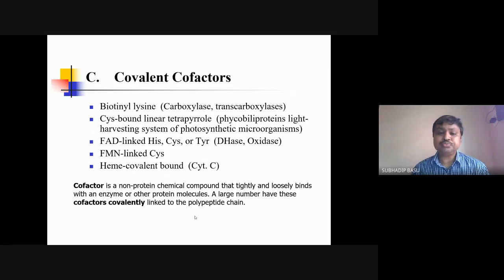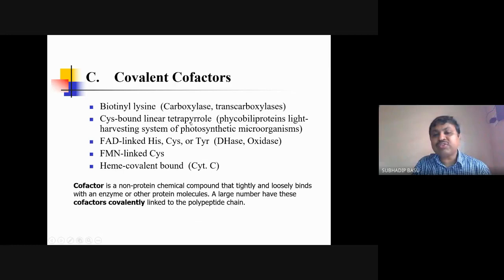Okay, so these are called cofactors. So PTMs can also help in binding cofactors using covalent bonds. A large number of these cofactors covalently link with the polypeptide chain.